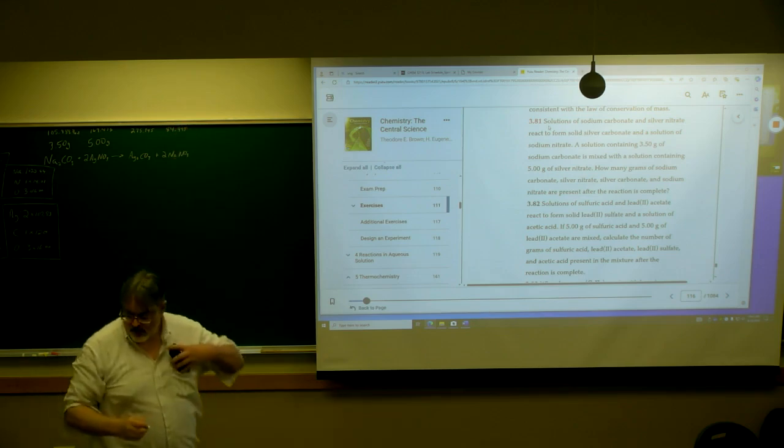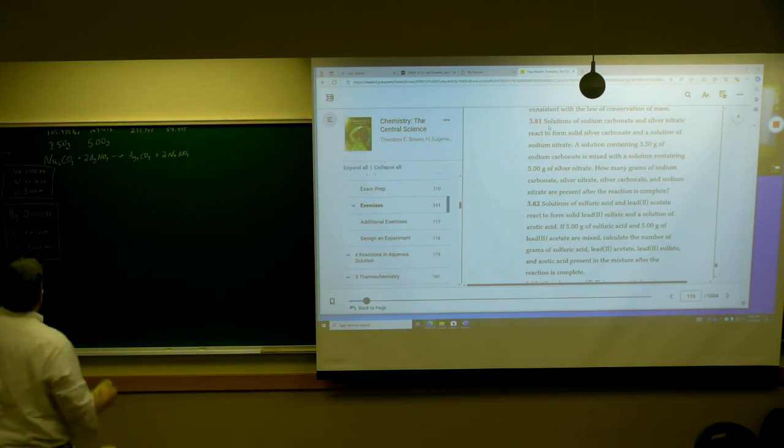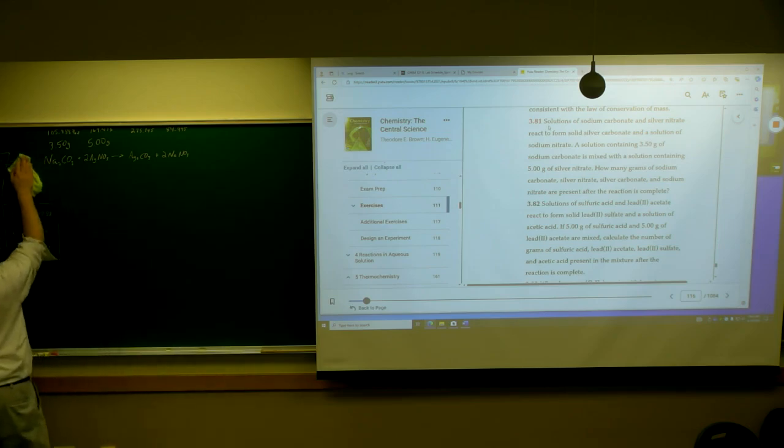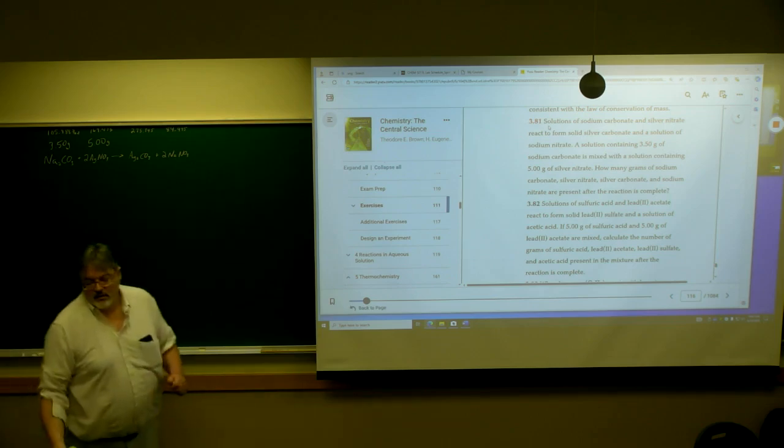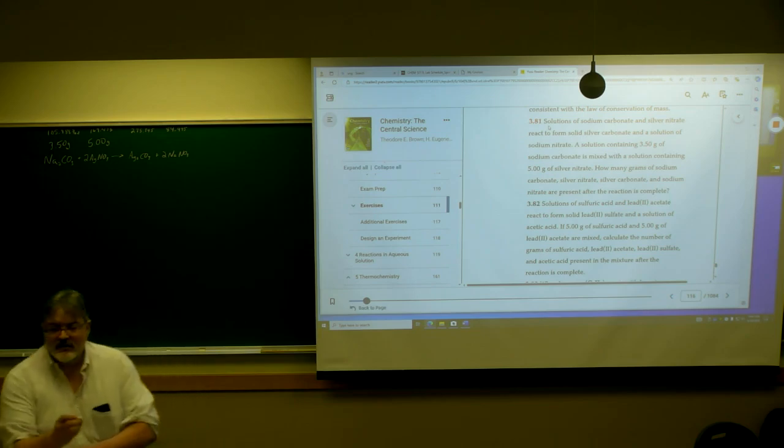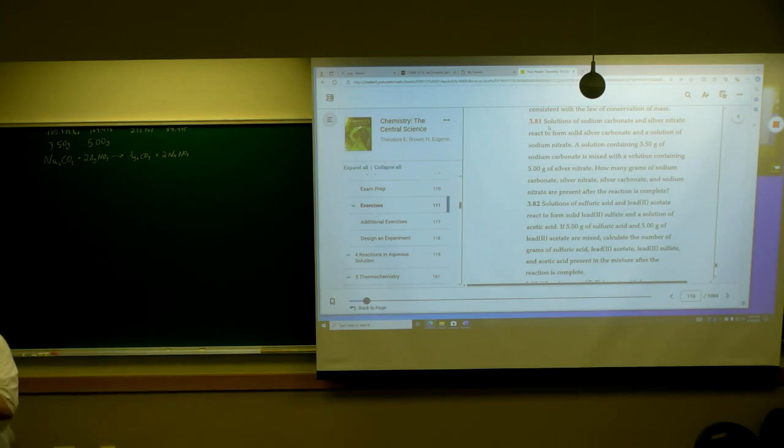I think that's everything we need. Okay. Limiting reactant and excess reactant. You remember how to do this? What do you do first? You pick one, either one of the reactants.